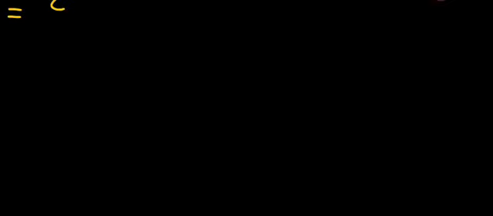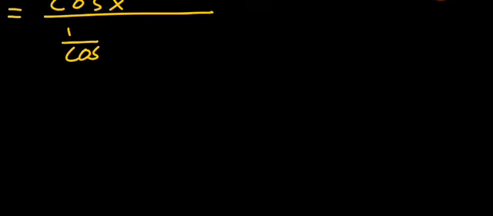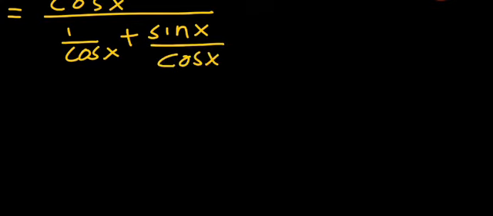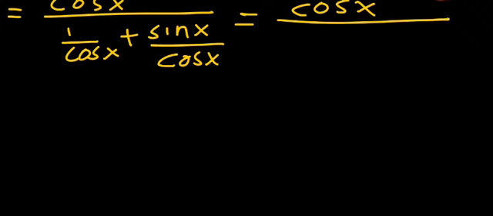So we've got cos x over 1 over cos x plus sin x over cos x. The cos x on top, the numerator, will remain unaltered.